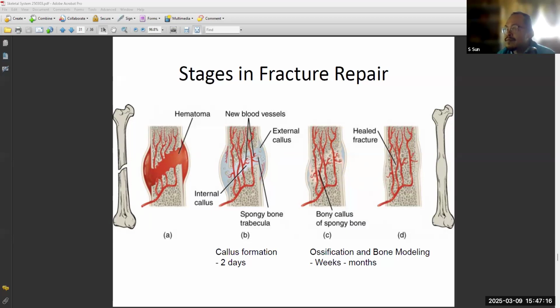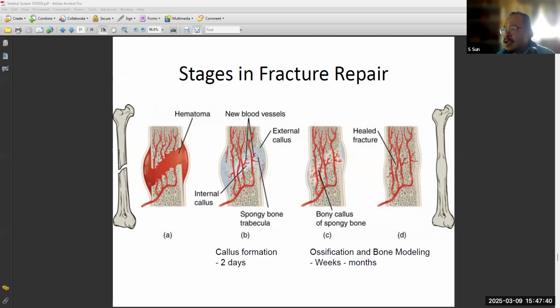We see the blood vessels start to repair themselves, and then the chondrocytes come in and provide this cartilage. This cartilage has a name. It is called callus.